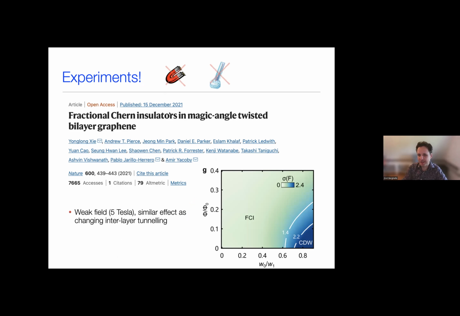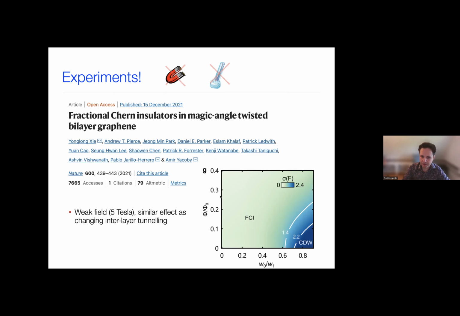Similar to our prediction, but they actually had a magnetic field, a weak one, which they claim does not change the provenance of the flat band or the Chern band, but it changes quantitatively properties of the band in a similar way as our decreasing of the interlayer tunneling did. But it turns out that applying a magnetic field is more feasible experimentally, at least for first experiments.